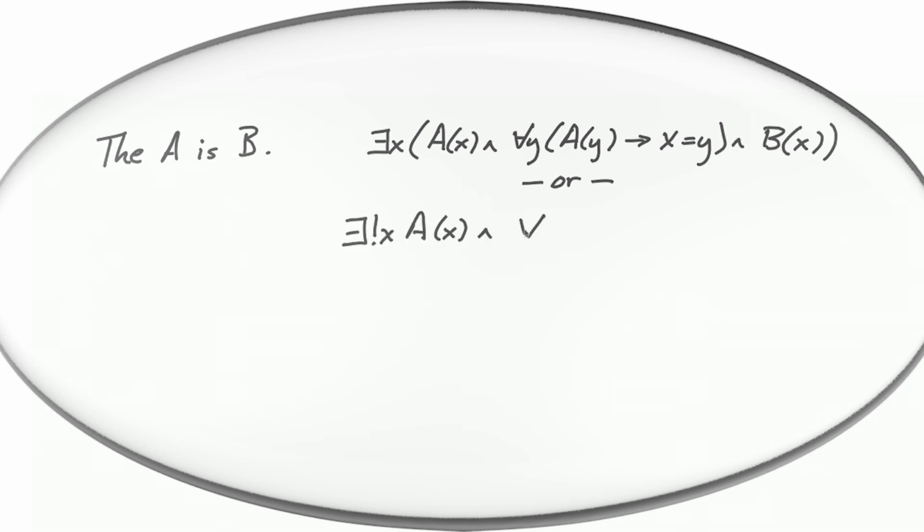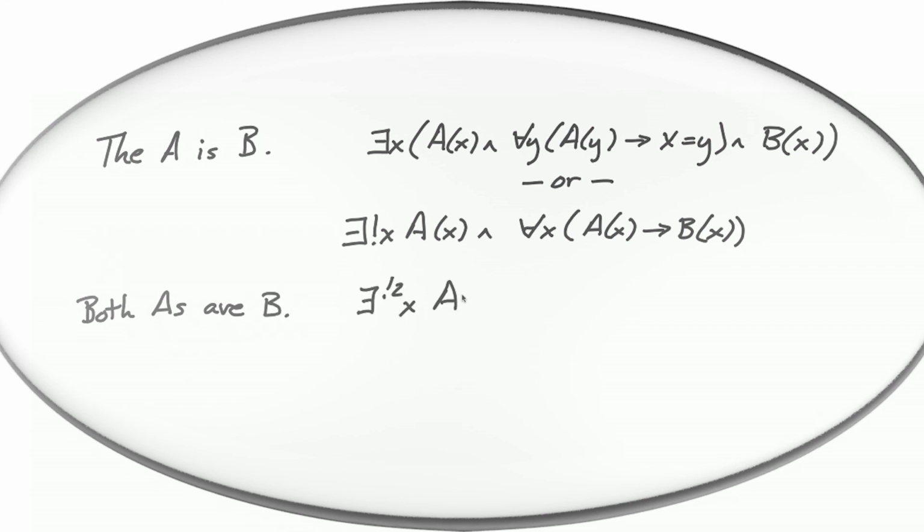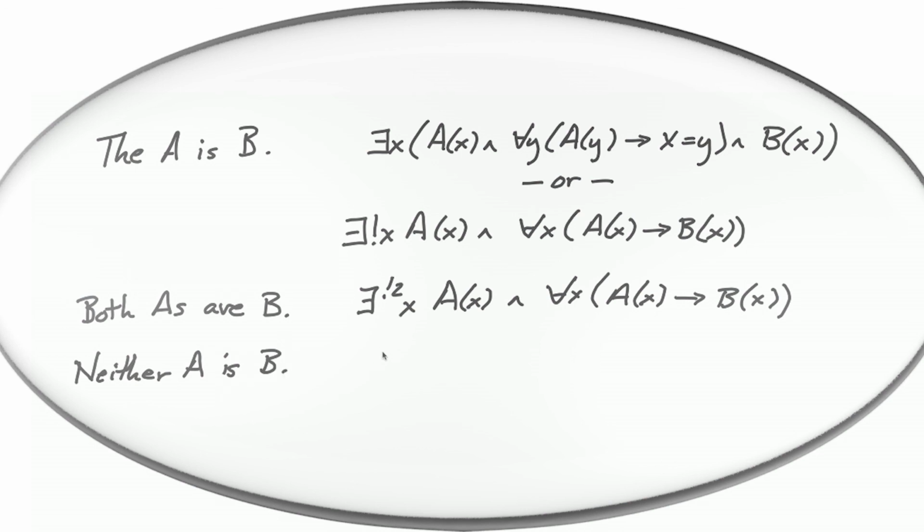It just says there is a unique object such that A and all A's have the property B. On Russell's analysis, both A's are B is translated as there are exactly two objects with the property A and all of them have the property B. And the sentence neither A is B has the translation there are exactly two objects having the property A and all of them do not have the property B.